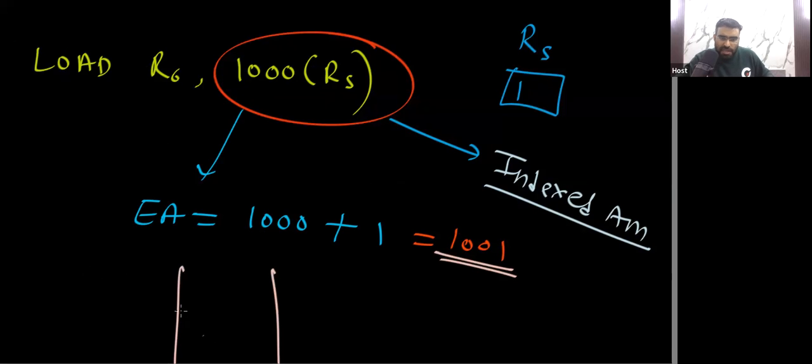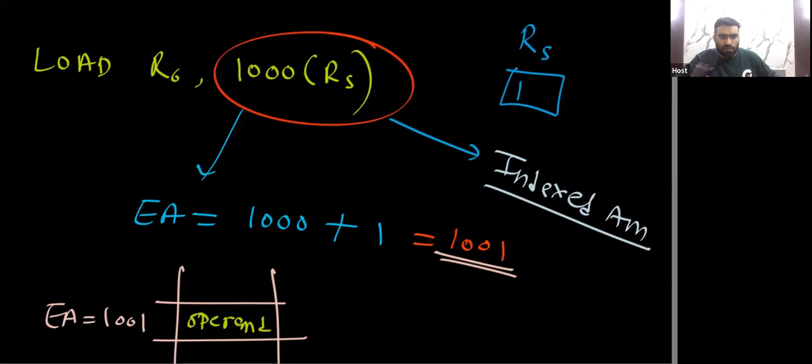If you go to this address in the memory, there you will find the operand. This operand you have to load in RD. Is this clear?